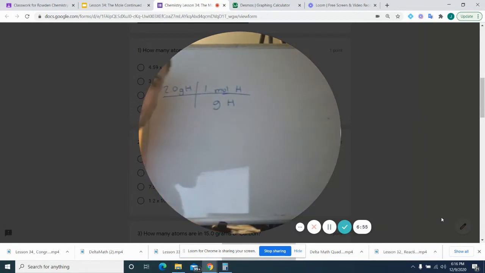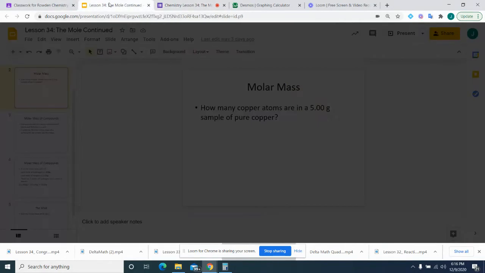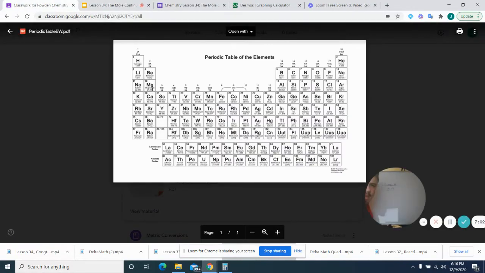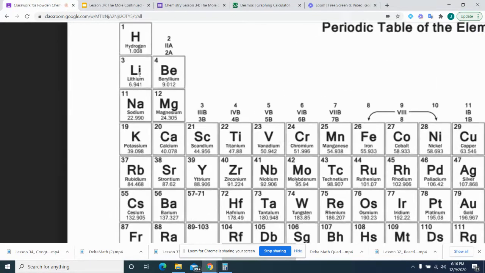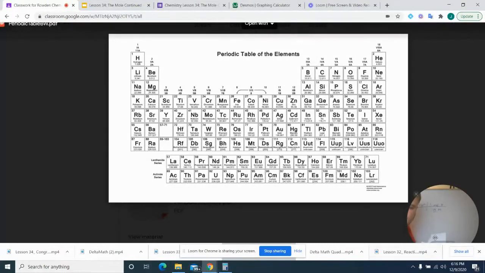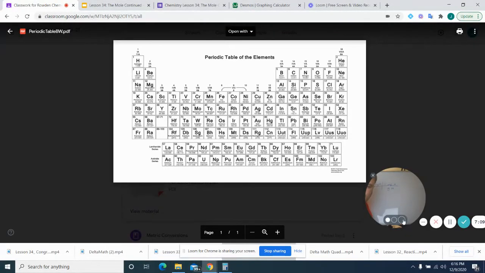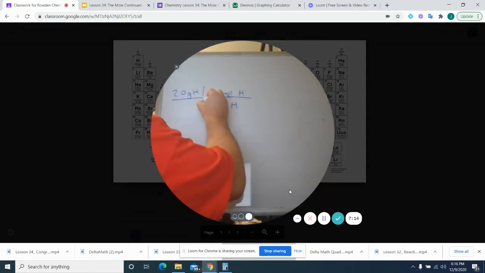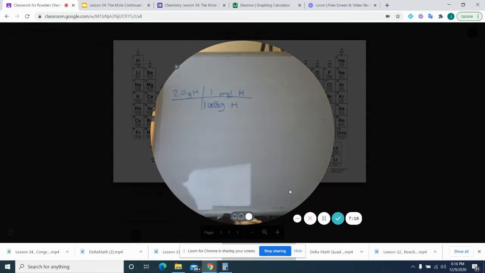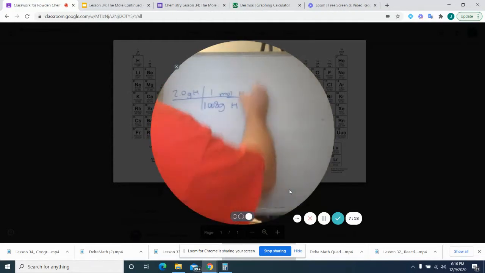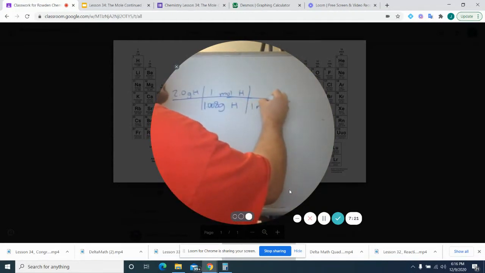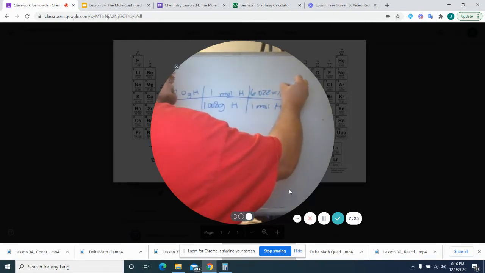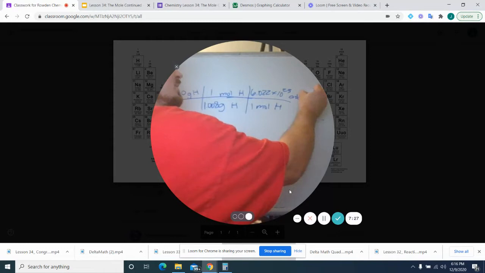And we know that 1 mole of hydrogen is, I'm going to pull up the periodic table, and look at H, and it's 1.008. So 1.008. And then we turn moles of hydrogen into 6.022 times 10 to the 23rd atoms of hydrogen.